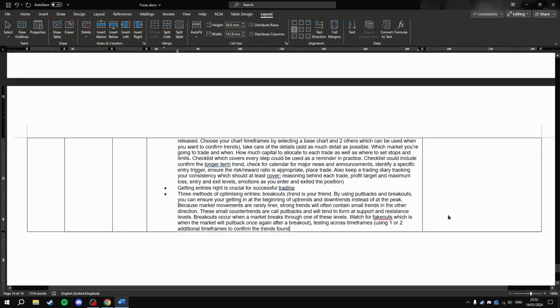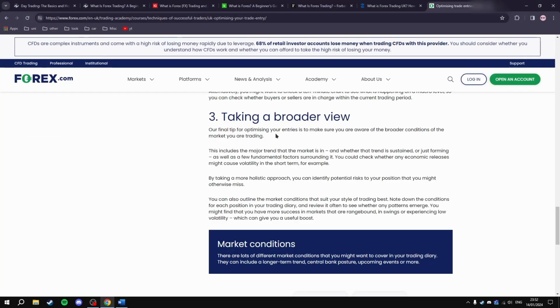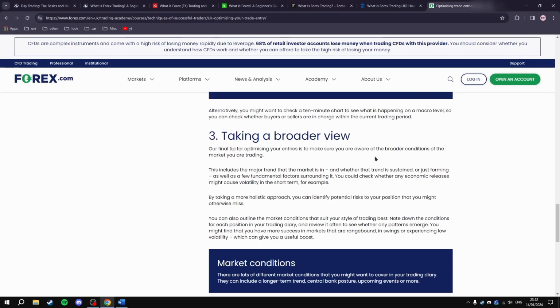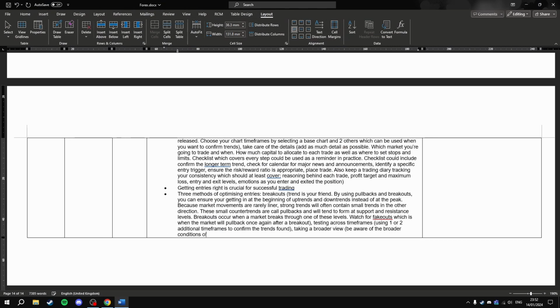Taking a broader view. Our final tip for optimizing your entries is to make sure you are aware of the broader conditions of the market you're trading.